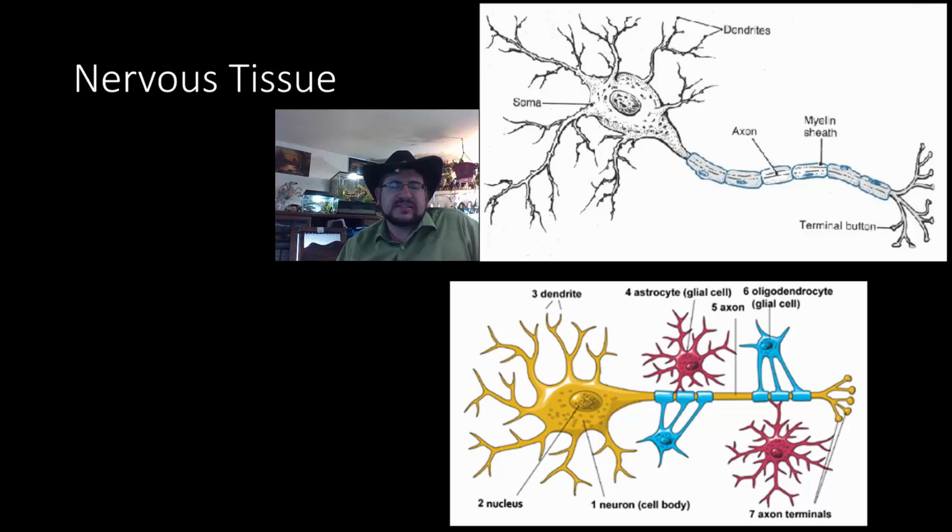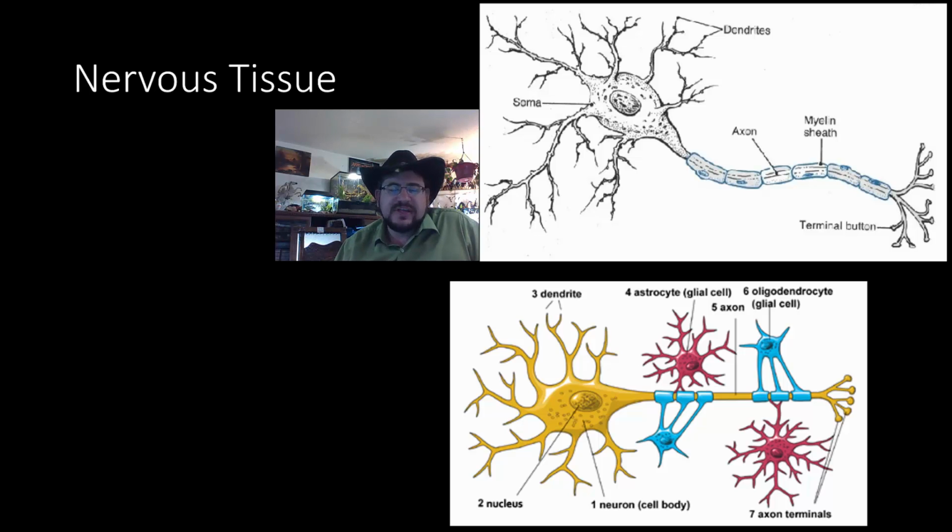On to nervous tissue. We're getting there, folks. We're getting there. So, nervous tissue. Nervous tissue is characterized by a mix of different types of cells.